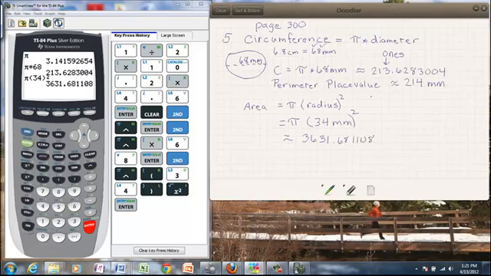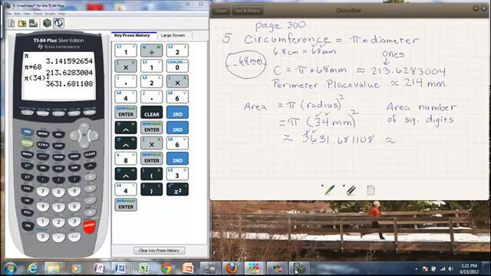So area, we round to the number of significant digits. And the number of significant digits in 34 is just 2. So I want to round this number off to just 2 significant digits.